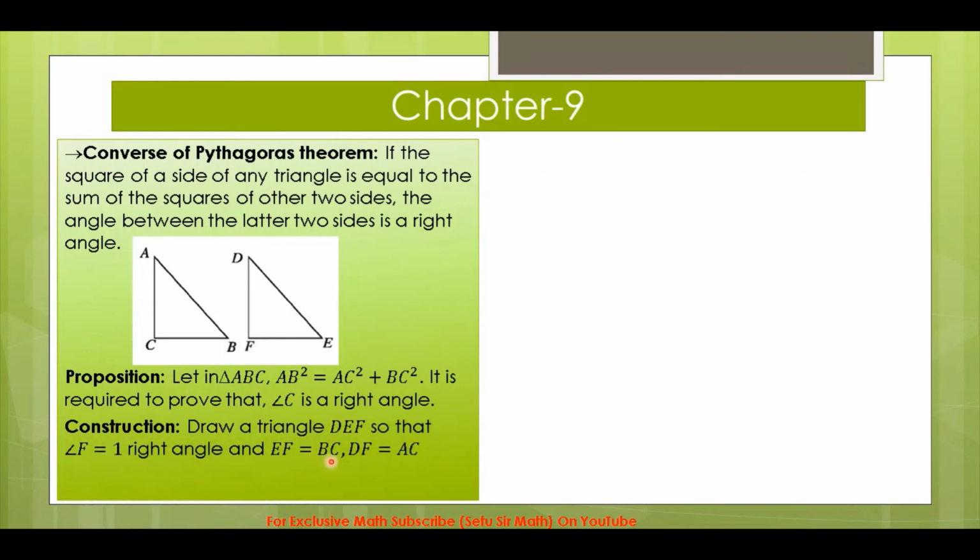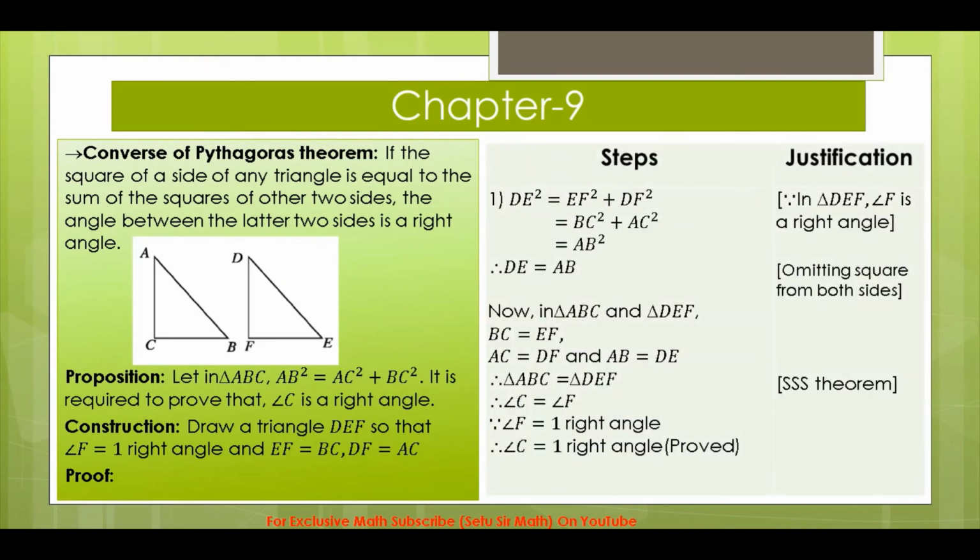Construction. Draw a triangle DEF so that angle F equals one right angle and EF equals BC and DF equals AC. Let's see the proof. In the other triangle DEF, DE square equals EF square plus DF square.